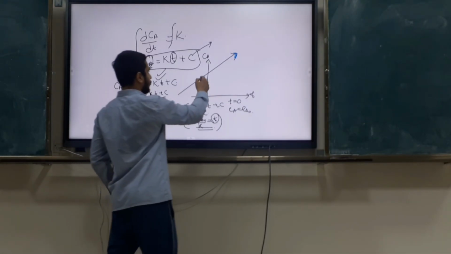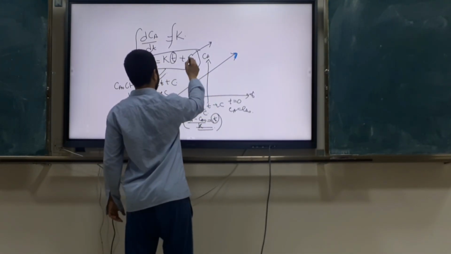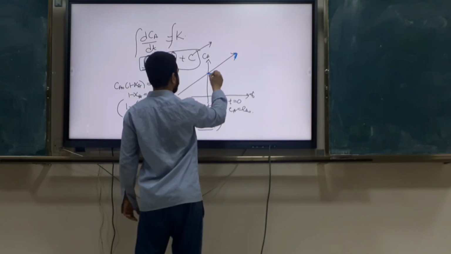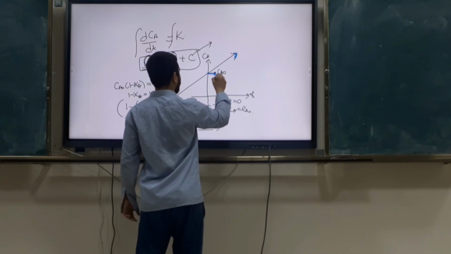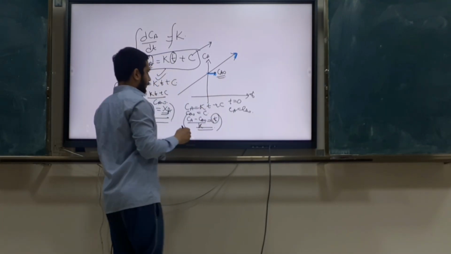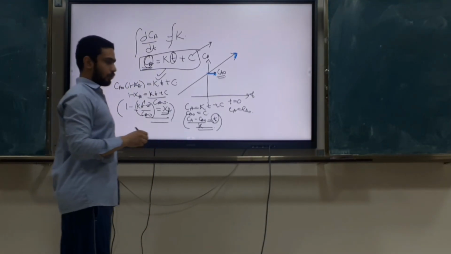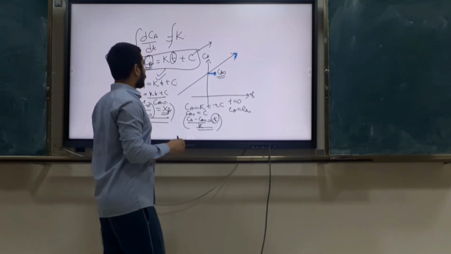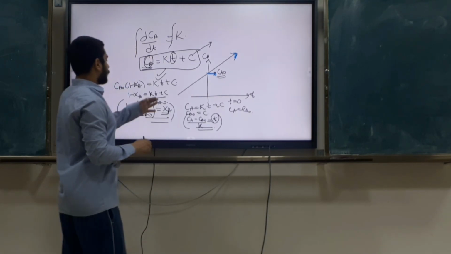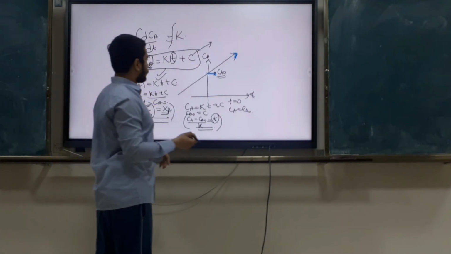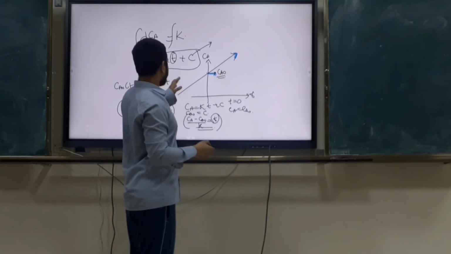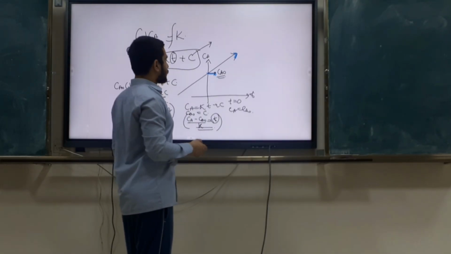And this is how we will plot the graph, and K plus C is equal to Ca naught, because at time t equal to 0, the concentration was Ca naught, the initial concentration. So this is how we will do the mathematical manipulation with the equations of the zeroth order system.